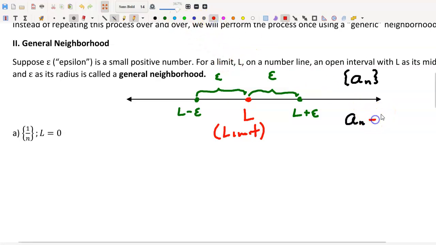So the distance between my sequence and its limit, they get closer and closer to each other, and another way of doing distance is absolute value. And I want that to be as small as possible, right? So less than epsilon. Smaller, small, small.